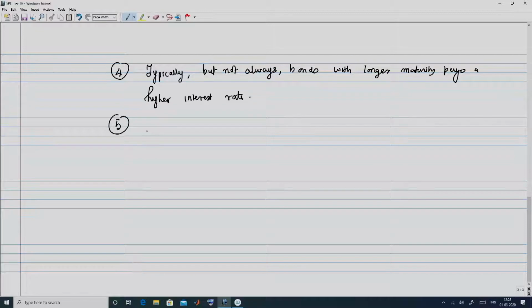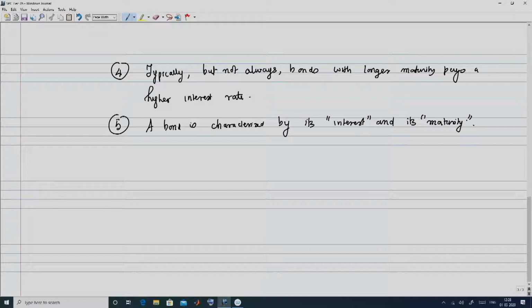Next observation, a bond is completely identified or characterized by two things, namely its interest and its maturity. One typical example of a bond is a fixed deposit.